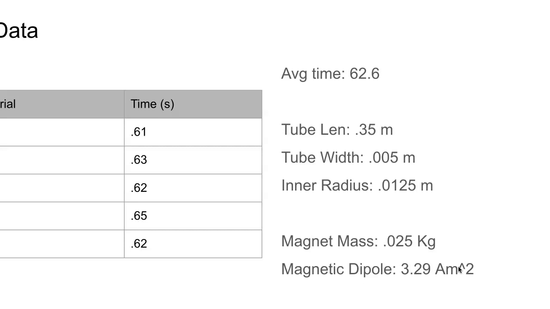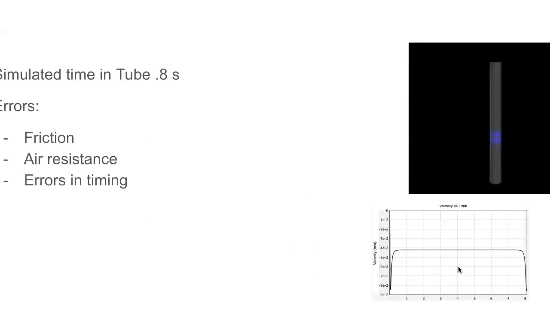The tube width, the actual width of the aluminum, was 0.005 meters, and the inner radius of the tube was 0.0125 meters. The magnet had a mass of 0.025 kilograms, and the magnetic dipole was 3.29 amp meters squared.